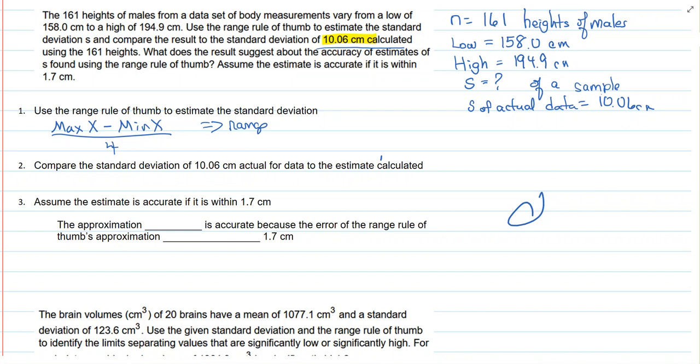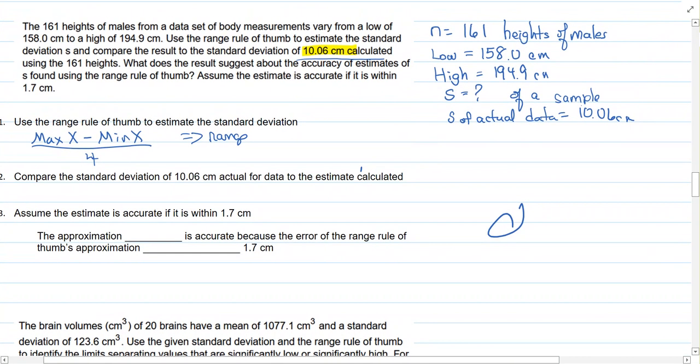Okay, so that's what we're going to be doing. And the numbers are, of course, the 194.9 centimeters subtracted from the low, 158, divided by the 4 to figure out how many partitions we have of this data.